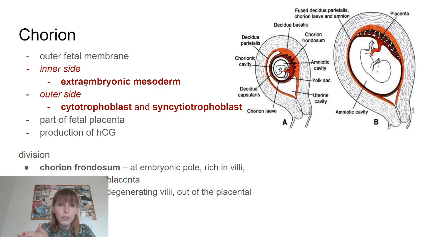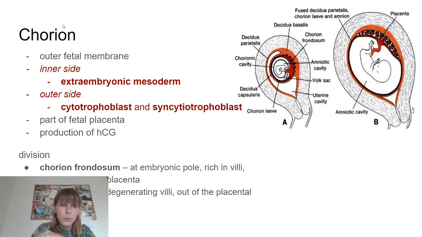That means both the extra-embryonic mesoderm, something like a connective tissue, and then cytotrophoblast and syncytiotrophoblast, which are composed of cells, not so much extracellular matrix like the connective tissue in the mesoderm. These will be two types of cellular tissue that we will see in the placenta and in the fetal membranes as well.